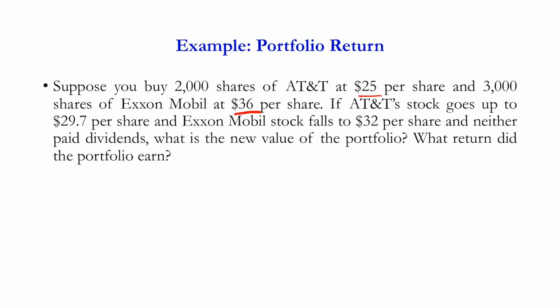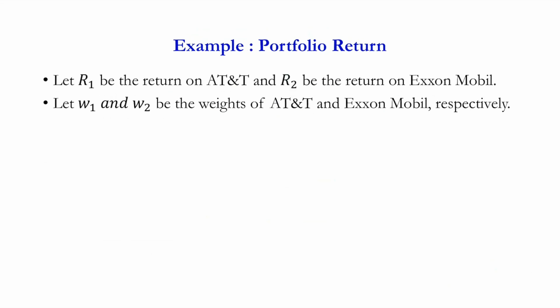So to solve this example, first we need to calculate the total value of the portfolio and then the weights of each asset. Let's denote the return on AT&T as R1 and the return on ExxonMobil as R2, and W1 and W2 will be the weights of AT&T and ExxonMobil respectively.